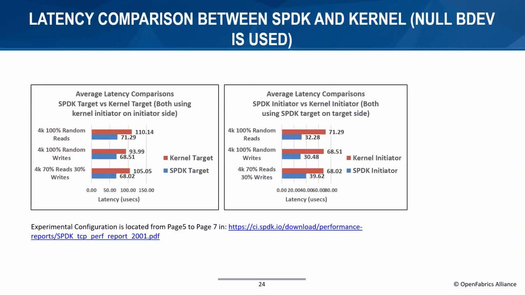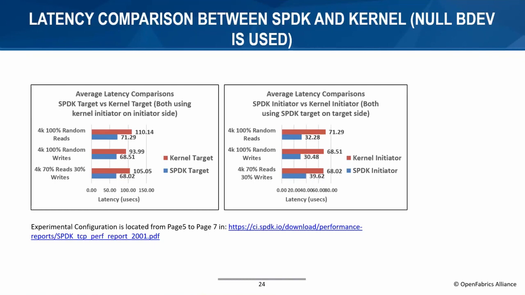From this diagram, on the left side, we deploy the kernel initiator on the initiator side, and on the target side, we use the SPDK or kernel target, and we can see that if we use SPDK, we can reduce the latency for different workloads by at least 30%.